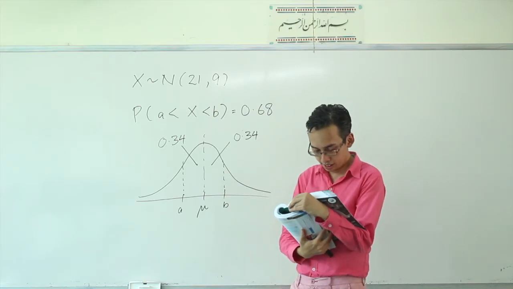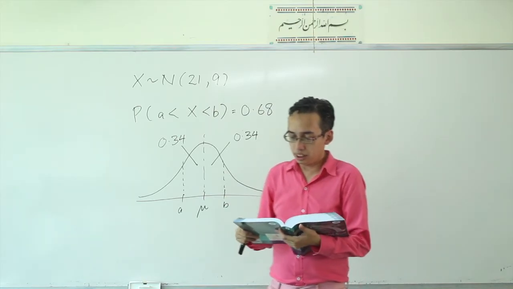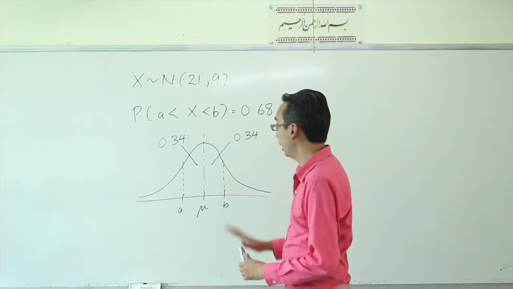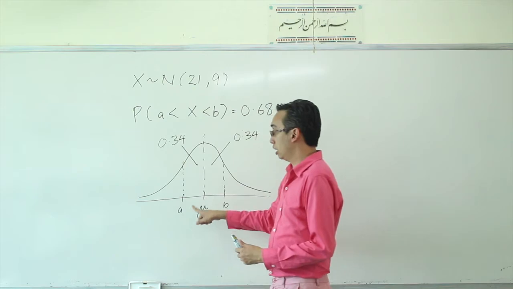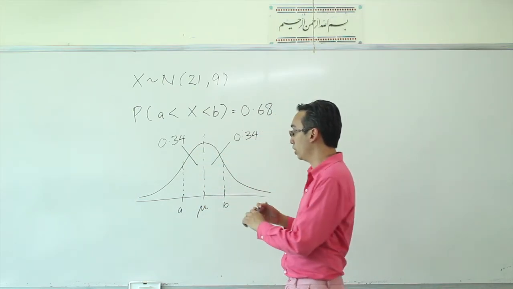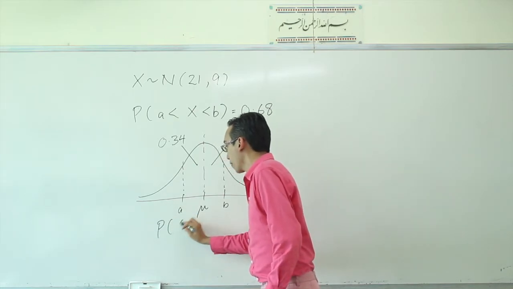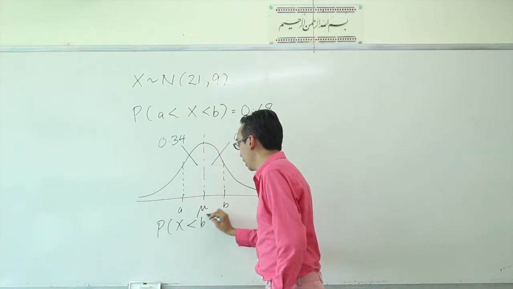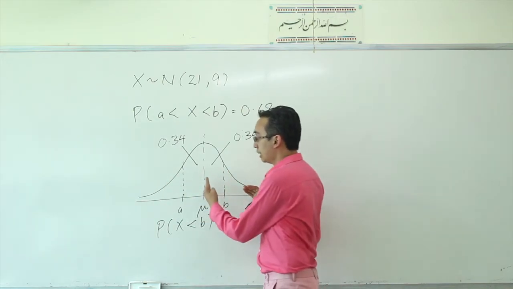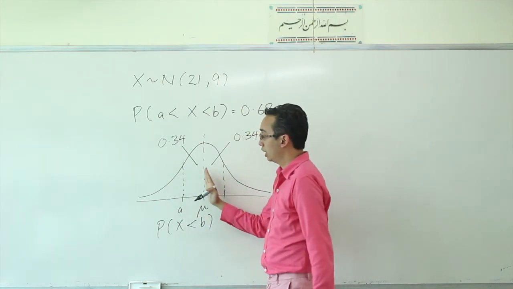So now let's try to make sense of it. If this is 0.34, and this is 0.34, what's the probability of x less than b, from here onwards? Probability x is less than mu, the mean, is always half.